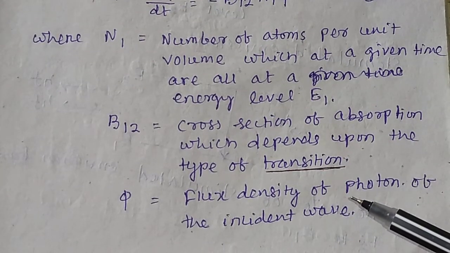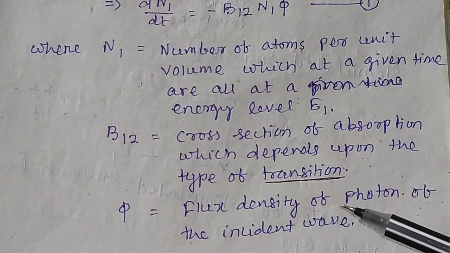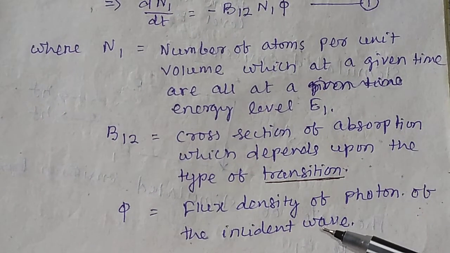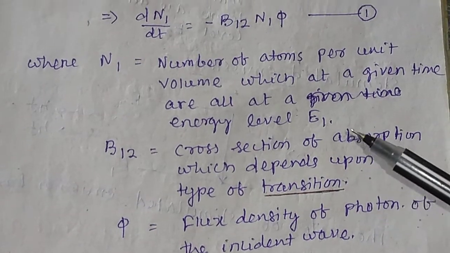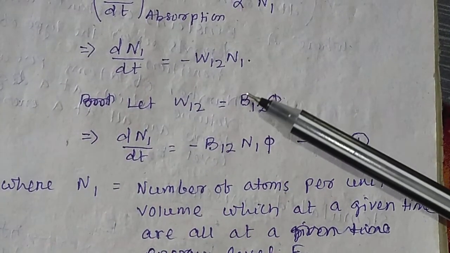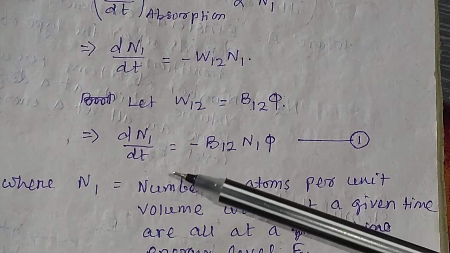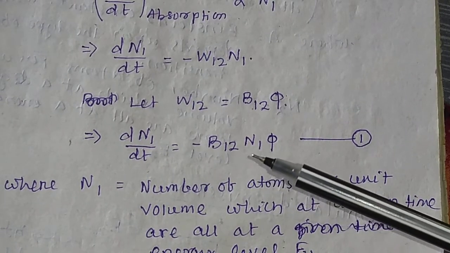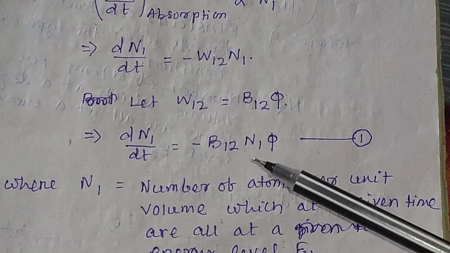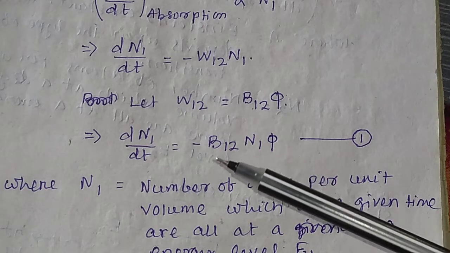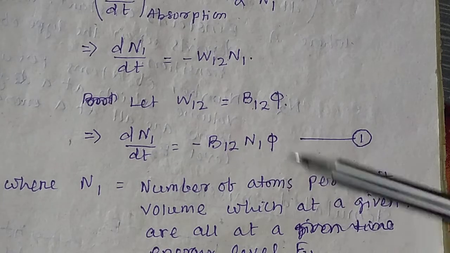Phi is the flux density of photons of the incident wave, because we make photons incident on the material for the transition from state E1 to E2. So you can write the rate of absorption is equal to B12 N1 phi. I have told you that in Einstein's coefficients you have three coefficients. So here B12 is one coefficient, which is basically related to absorption.